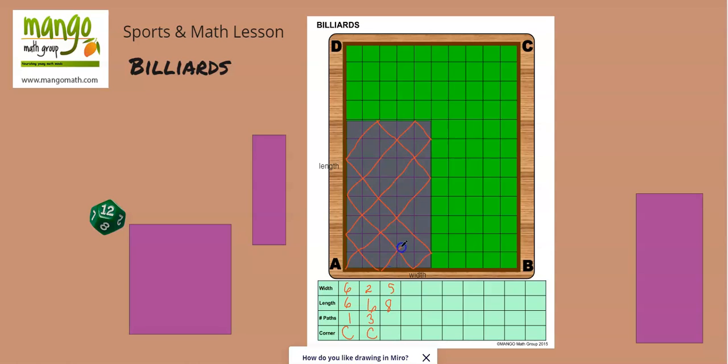This one's bouncing a lot, all over the place. Come on this wall, bounce off, and then go straight up, and I finally land in corner D.